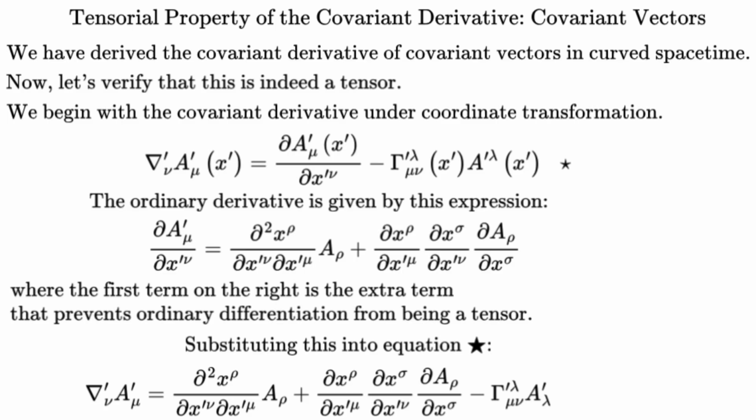Tensorial property of the covariant derivative, covariant vectors. We have derived the covariant derivative of covariant vectors in curved spacetime. Now let's verify that this is indeed a tensor. We begin with the covariant derivative under coordinate transformation.